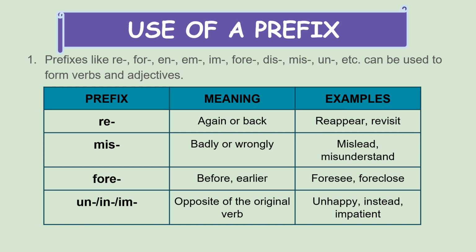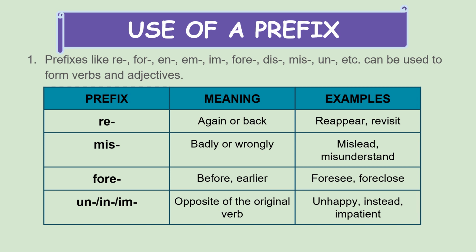Second one, miss. Miss prefix means badly or wrongly, and when added with some verbs or adjectives, it makes the word negative, like misled, misunderstand. Fore becomes before or earlier when added with some verbs and adjectives, like foresee, foreclose.